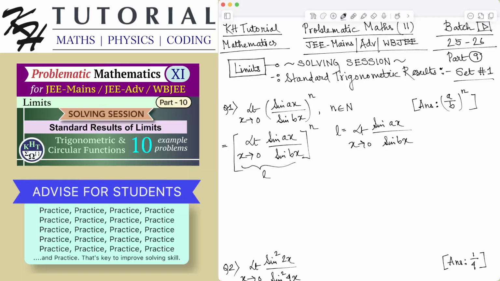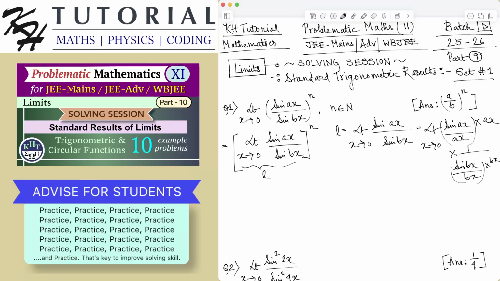So this is equal to limit x tending to 0 sin ax by ax, I am adjusting ax, and then I have multiplied by 1 by sin bx by bx, and I am adjusting bx.